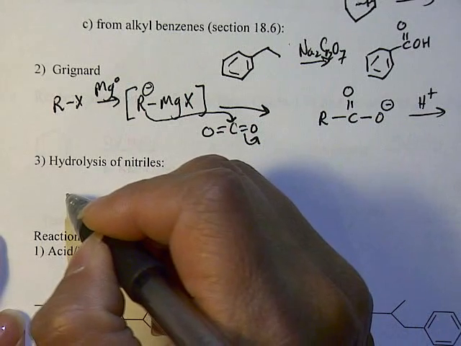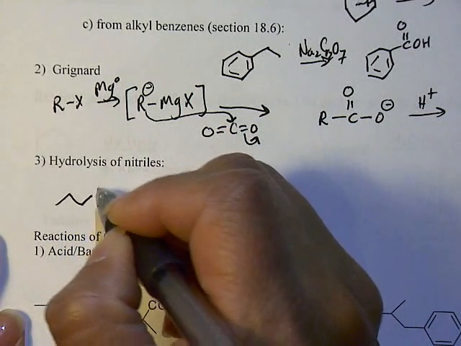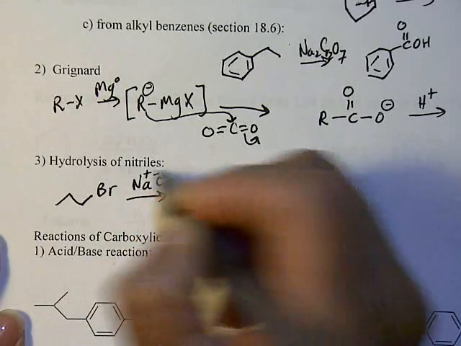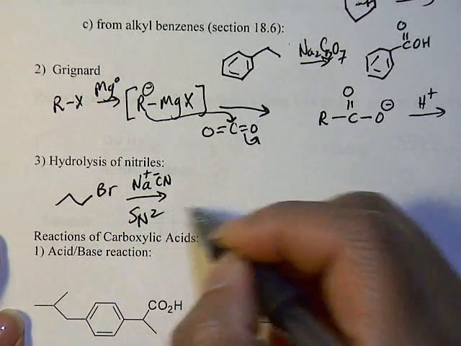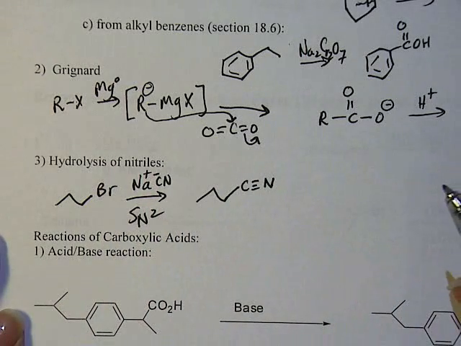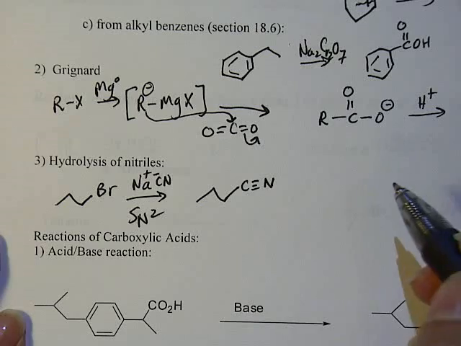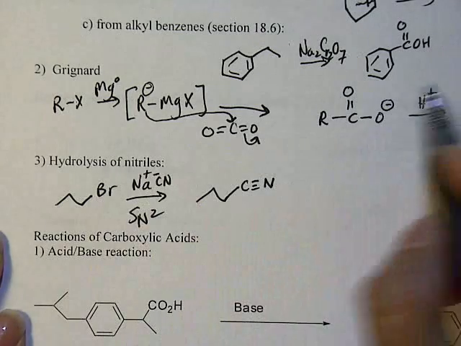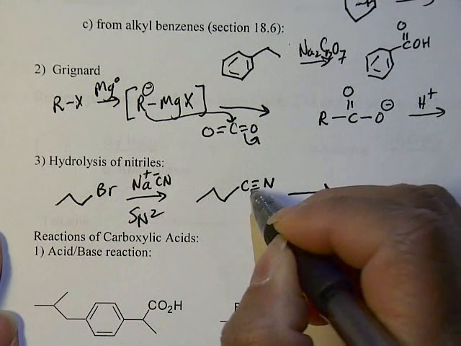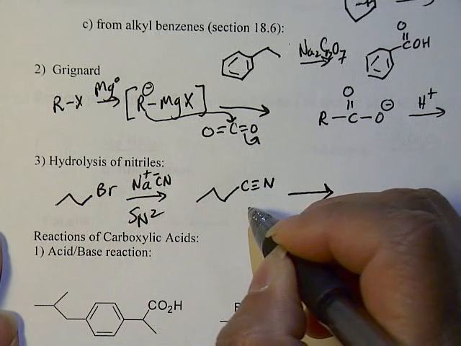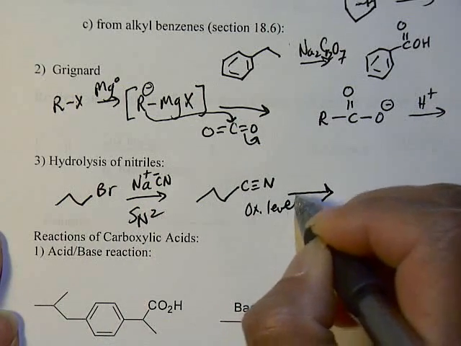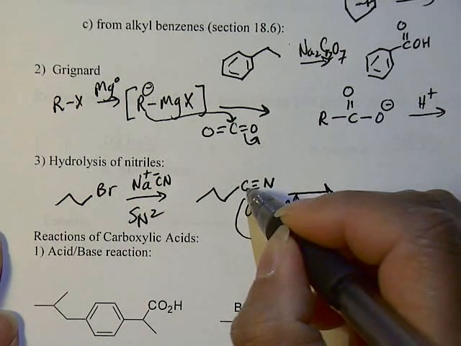Another way to make carboxylic acid is from a nitrile. Once again, you could do, for example, an SN2 type of reaction, which you've seen before, to make the carbon-carbon bond connection. You've seen this in the SN2 unit in 114. Now this carbon right here, remember, is triple bonded to N, so the oxidation level is 3 at this carbon.